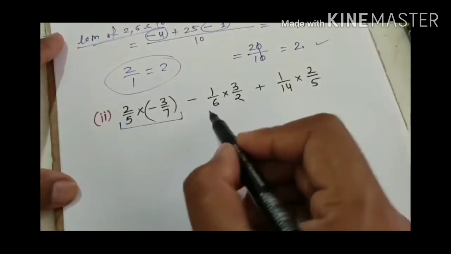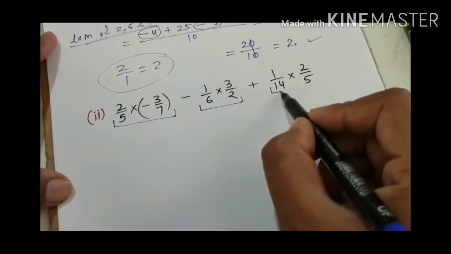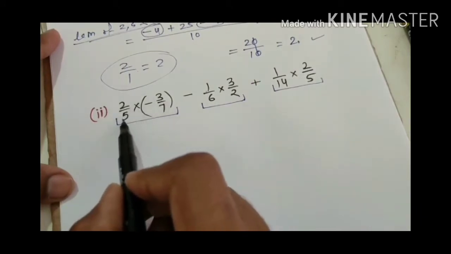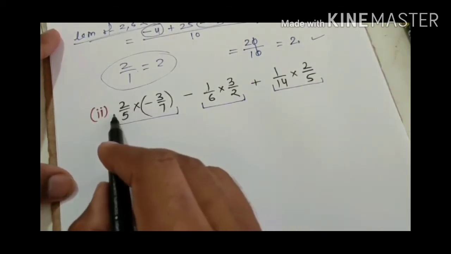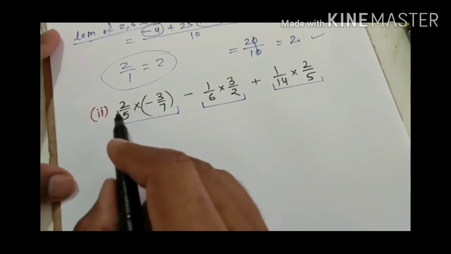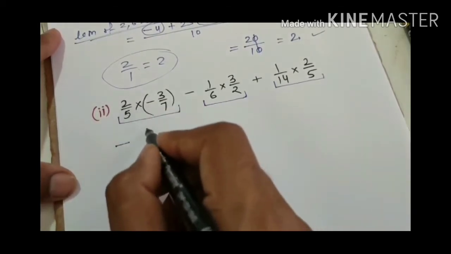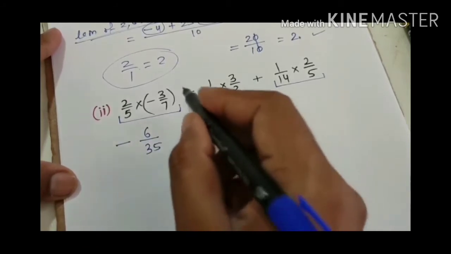Then the next one, the same thing we have to use. First we will go for multiplication, then the rest of the things. Wherever the numbers can be cancelled, you can cancel, otherwise you can multiply. So first multiply. This is plus, this is minus, plus into minus is minus. 2 3s are 6, 5 7s are 35.